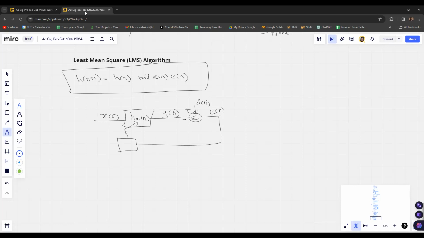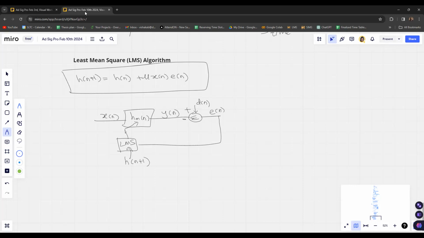So you are changing the values of the filter coefficients adaptively, changing the values of h(n+1) using a certain algorithm. So you are finding h(n+1) using this LMS algorithm in this instance. And this is also very similar to the steepest descent algorithm.